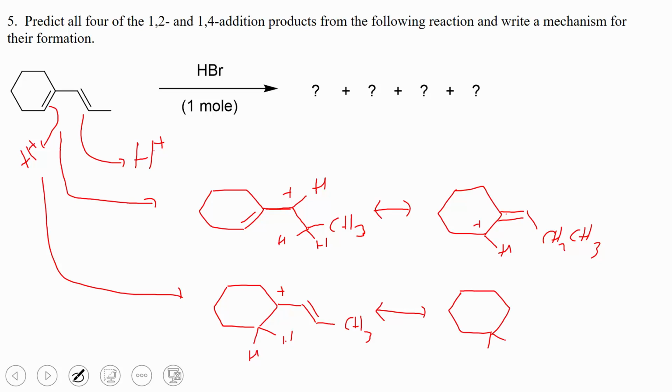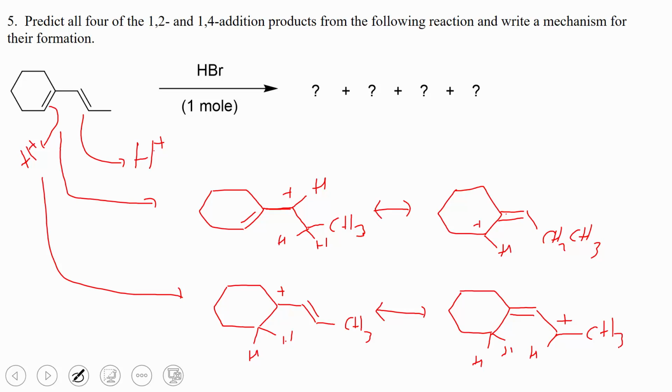Okay, and we can write resonance structures for any allylic carbocation. Okay, so now you notice that we have four distinct resonance structures.